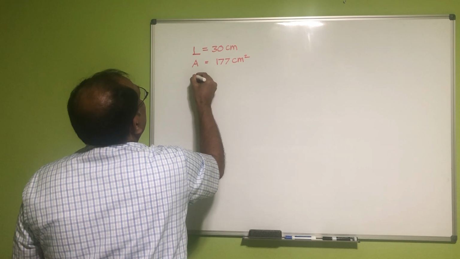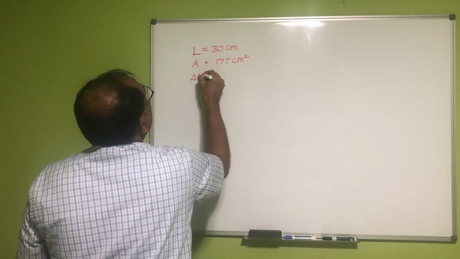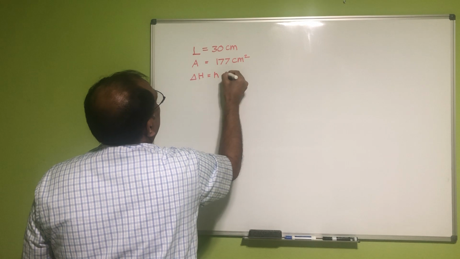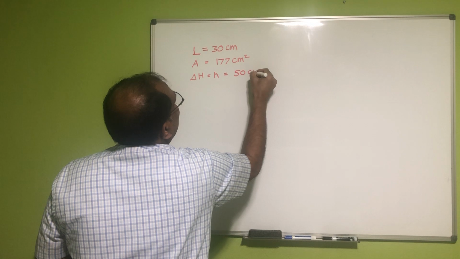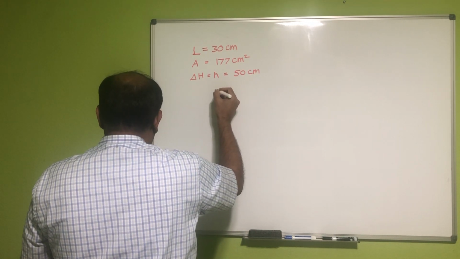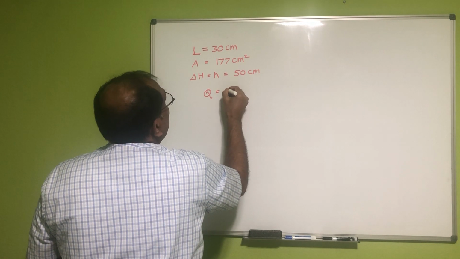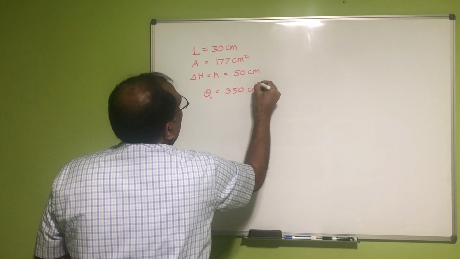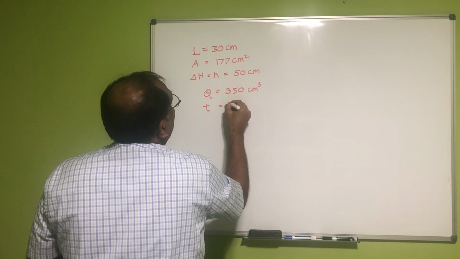Head difference, del H, or sometimes we call that one H, which is actually 50 centimeter, and you open that valve and you will collect Q equal to 350 centimeter cube in 5 minutes. So T is basically 5 minutes.